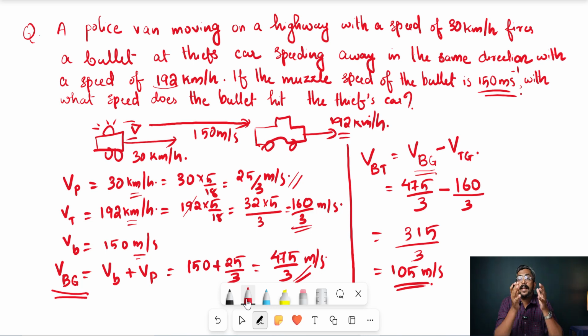That means the bullet hits the car at a speed of 105 meters per second, not 150 meters per second. The main issue is that we need to consider the relative velocity. If you don't, you will not get the correct answer.